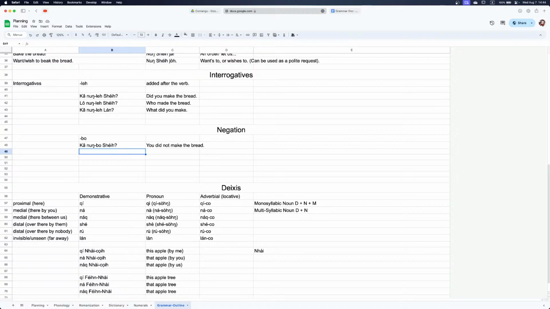And then so this would be something like you did not make bread with emphasis on the make part.